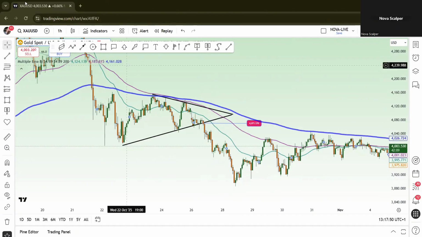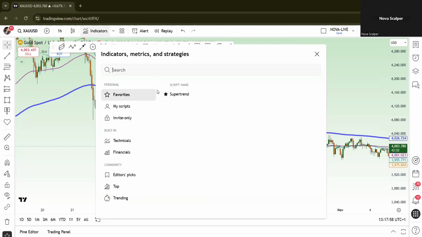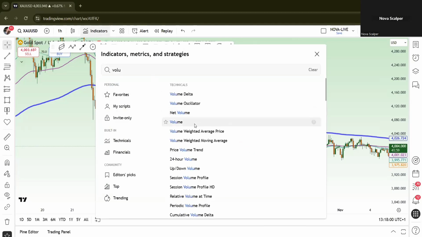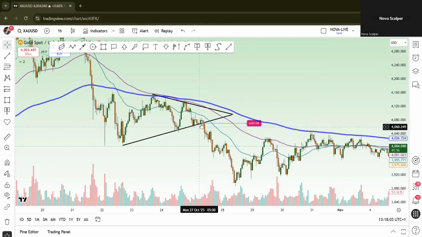We can observe the trading volume as well by clicking indicators and choosing volume. Compared to this one, you see that these candlesticks do not have a significant quantity of volume. The volume is not significant.